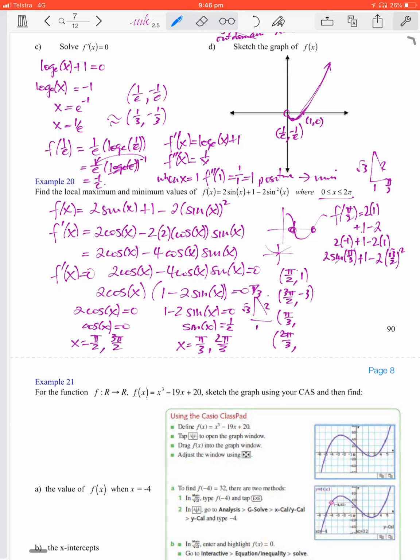So I get root 3 plus 1 minus 2 times 3 on 4, which is 3 on 2. So I get 1 plus root 3 minus 1.5. So that's going to be root 3 minus 1/2.